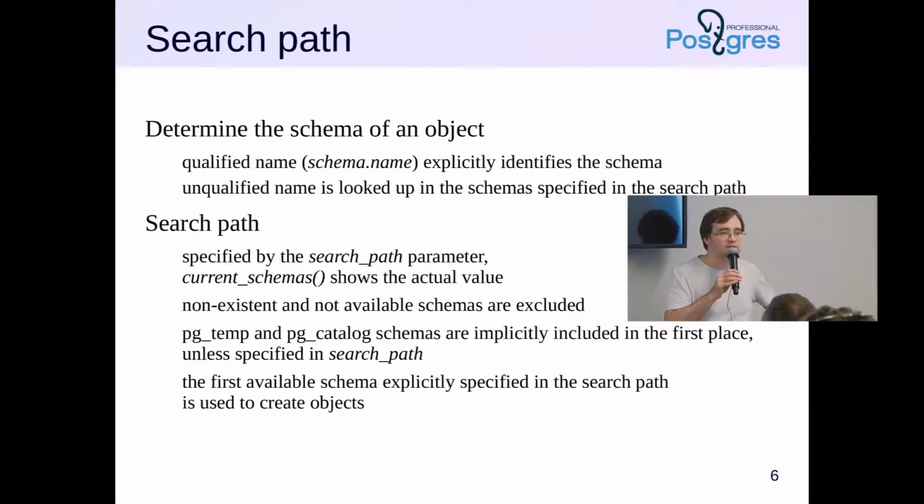It's basically the same as path variable in Unix and in Windows, which is used to find files. When you type command, path specifies directories in which to find this command.